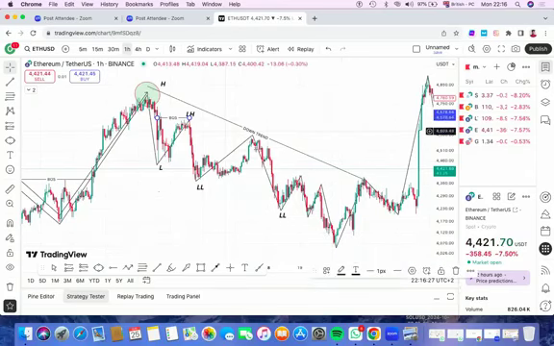If you break the newer lower high to create a lower low, now this is our impulsive move. This is the pullback leg. Impulsive move to the downside, creating a lower low, and a pullback leg to the upside to create a lower high.